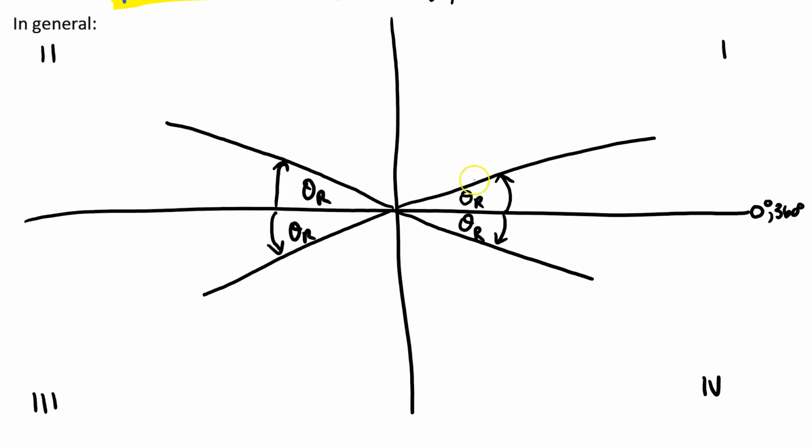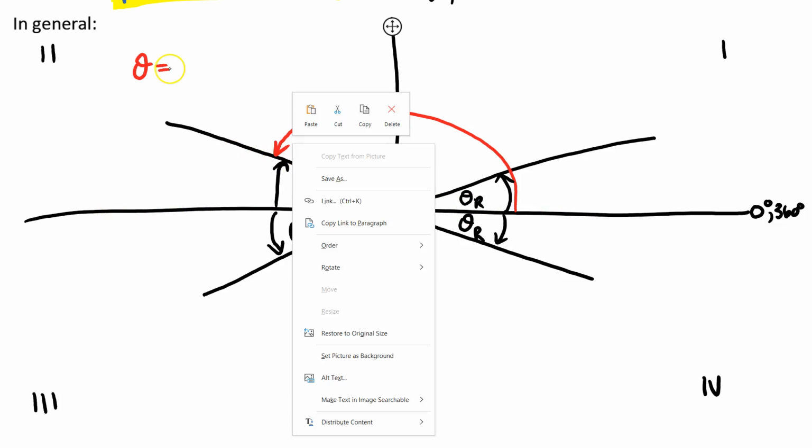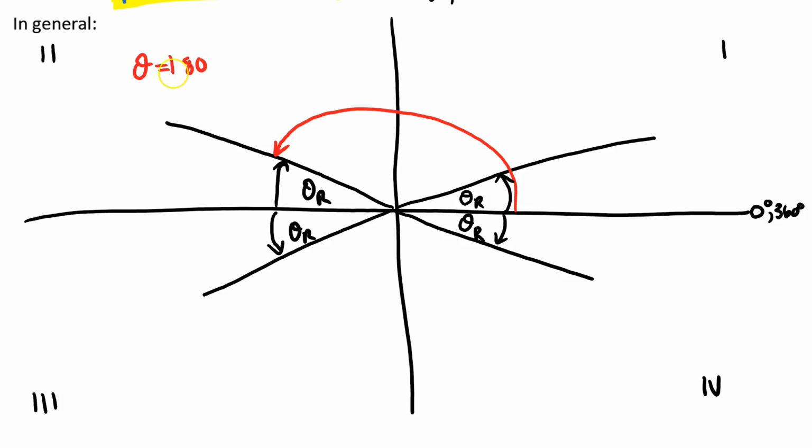So in quadrant 1, it is just what it is. But in quadrant 2, we have this line right here, from here to here. In order to find out what your angle is in quadrant 2, the angle is simply 180 degrees, which is this line right here, minus the reference angle.